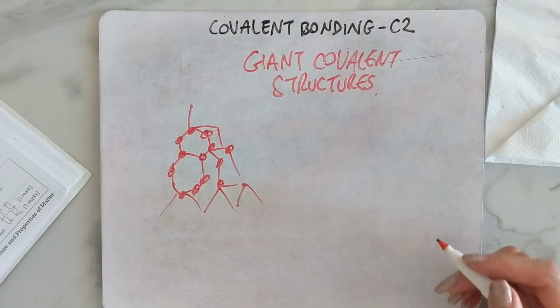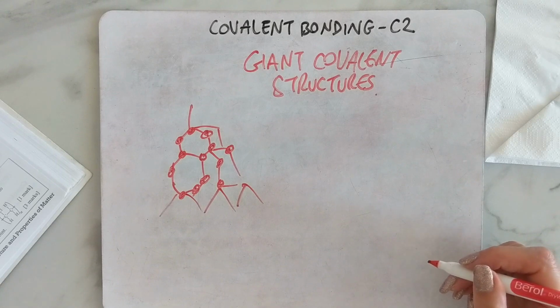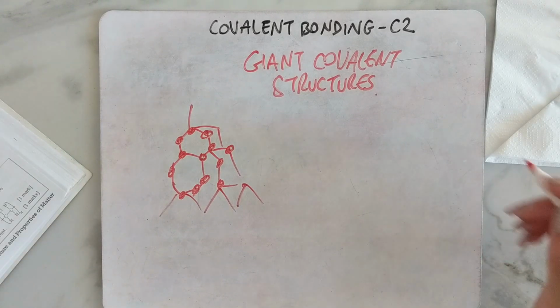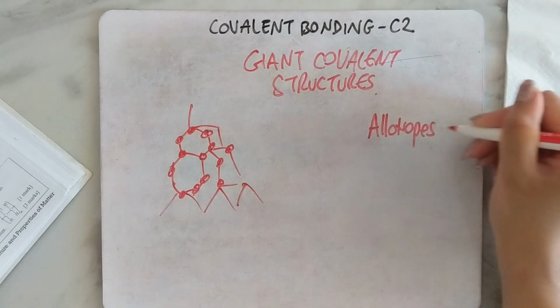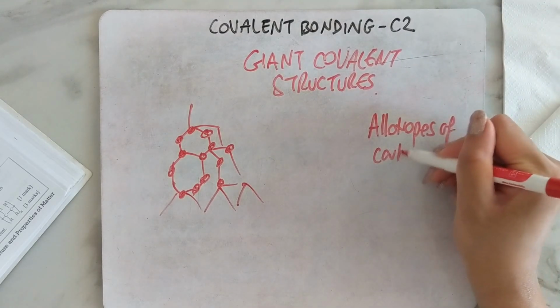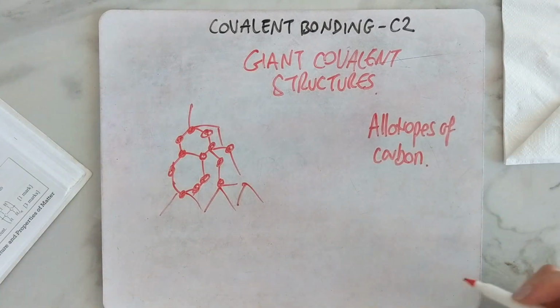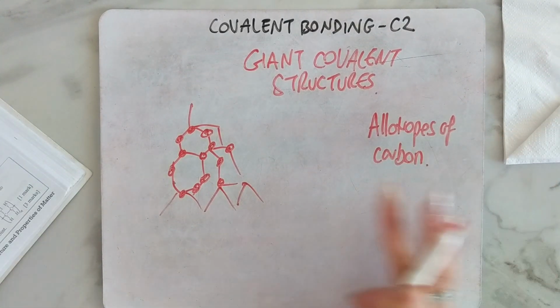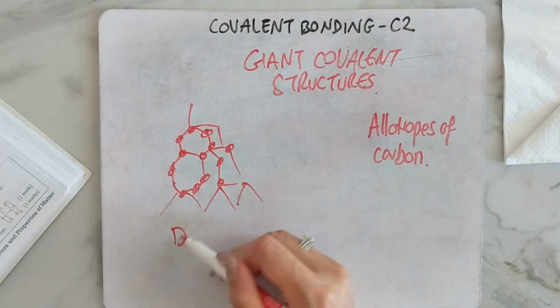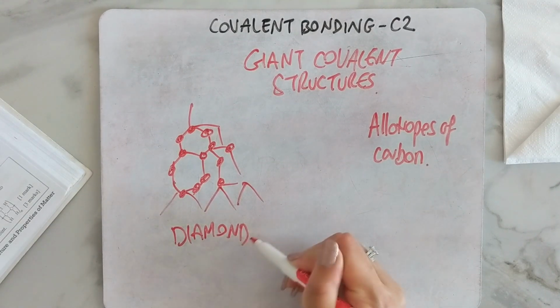So diamond is made out of carbon. These are also known as allotropes of carbon, and allotropes just mean different versions of carbon. So carbon taking different forms via their structures. So this one is diamond.